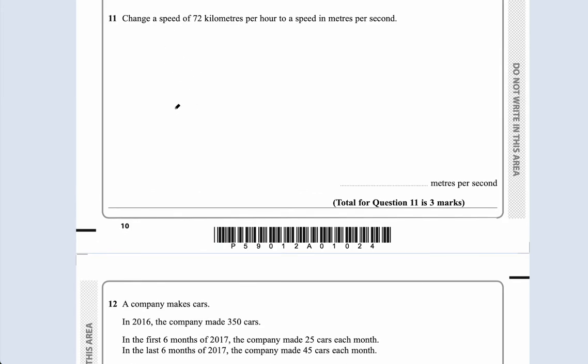Okay, question 11. Change a speed of 72 kilometers per hour to a speed in meters per second. Okay, so it's 72 kilometers per hour. That is 72,000 meters per hour, but how many seconds in an hour?